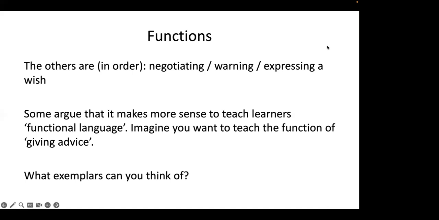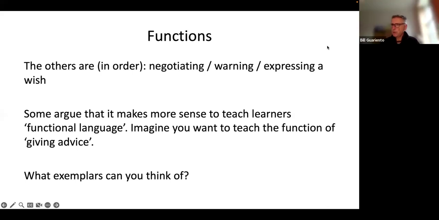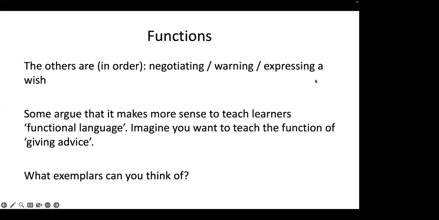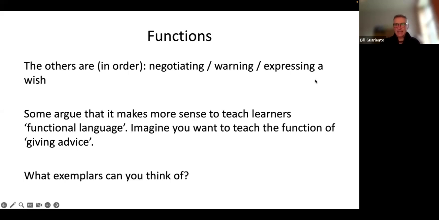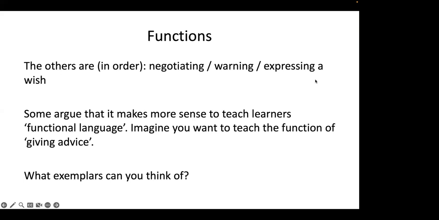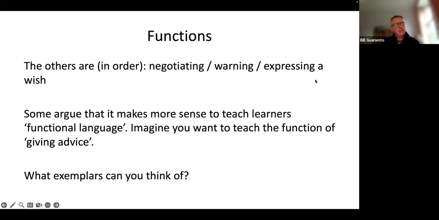That's a warning. Good. So you've used a conditional, but this time you've used a second conditional. Another example, Tahwa. Follow your study regularly in order to succeed. Okay, good. Another one, Amna. You should study well to get high marks. Good. Keep it simple. You should. Well done.